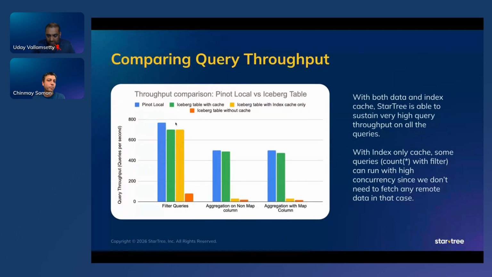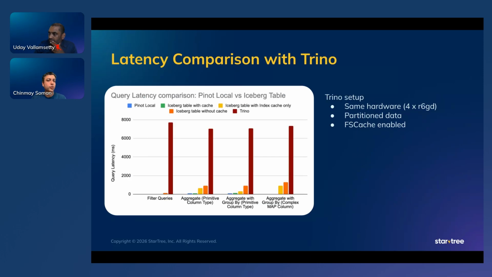It is actually able to match the QPS performance, the same as the Pinot local blue line. So this is where we were able to run upwards of 500 QPS on a 1 terabyte data set sitting in Parquet. We also did the same comparison with Trino and Iceberg, and as expected, we saw an order of magnitude difference.